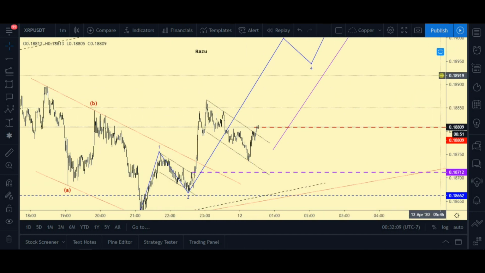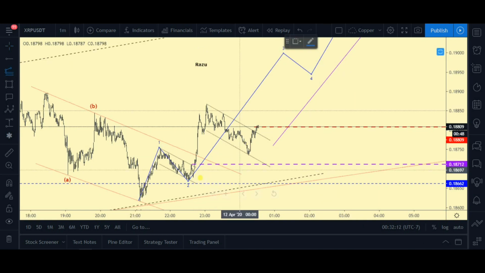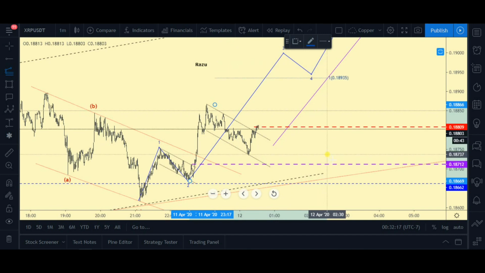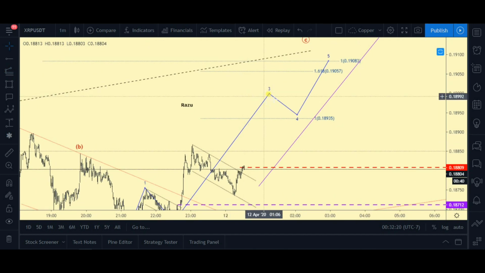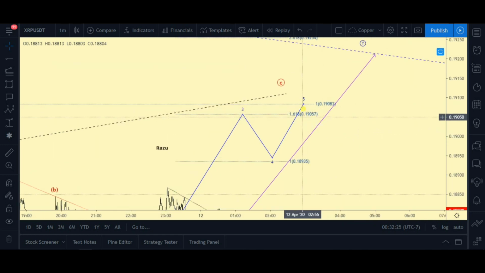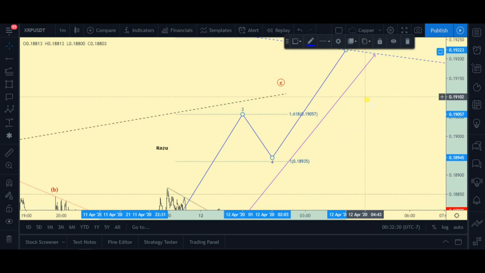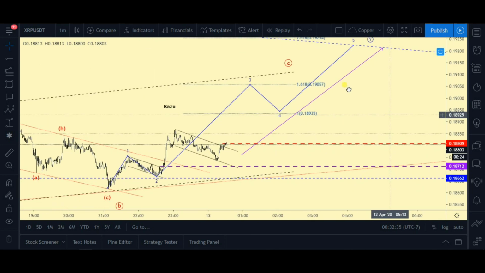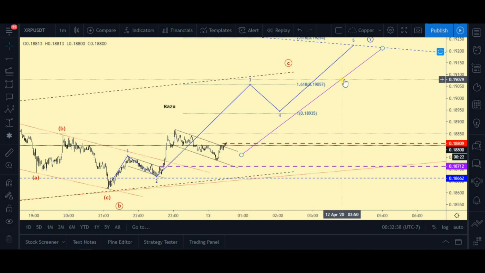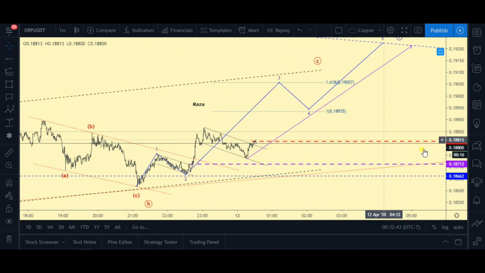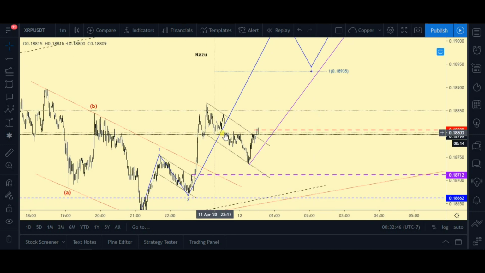So the third wave should end around 161.8 most probably, and the fifth wave could end around here. This is the probable movement which I am looking into right now. So we are expecting this price to move up, so I put on a trade buy here.